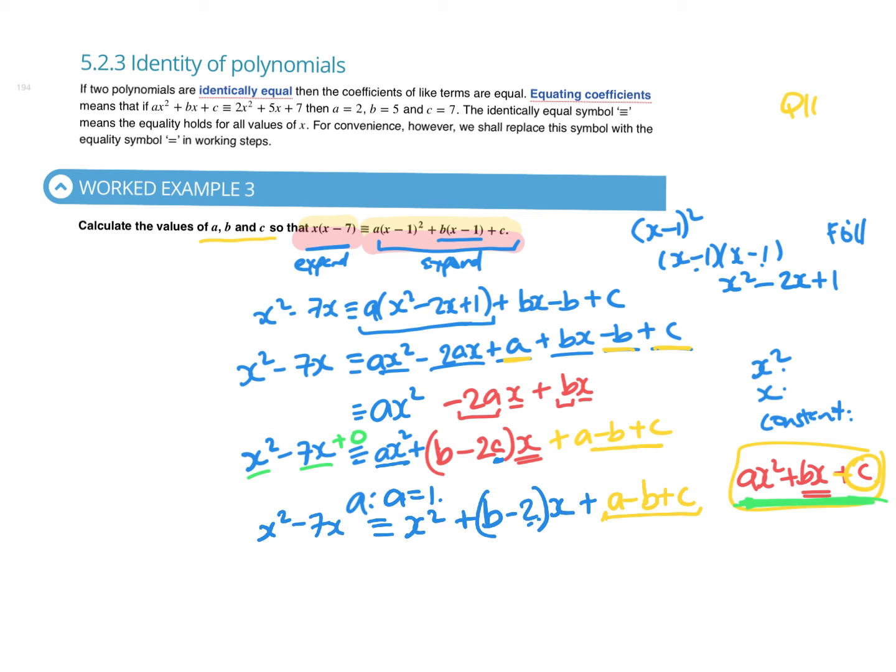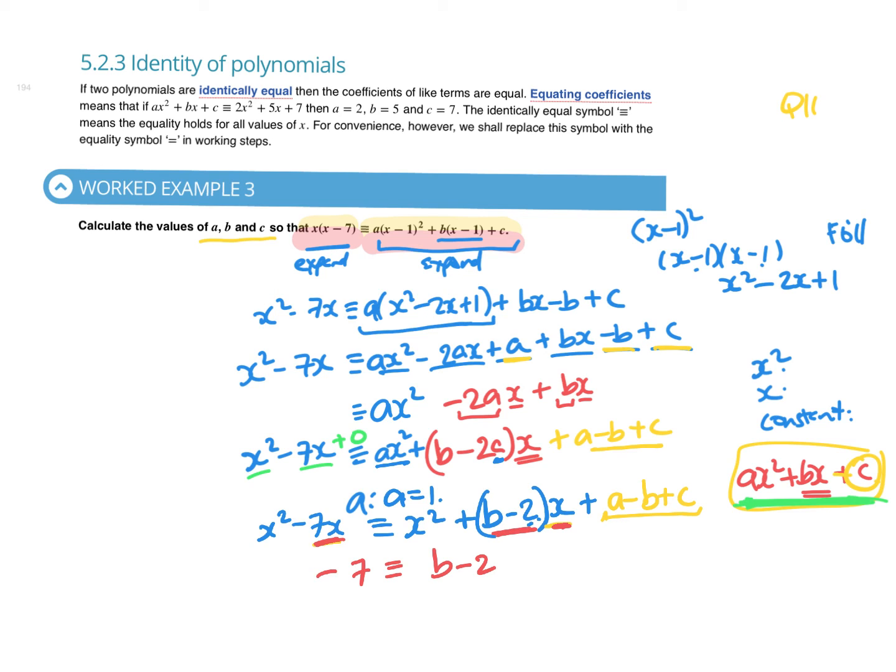Now we're dealing with the x terms on the left and right of the equation. We see here that negative 7 in front of this x needs to be equal to b minus 2 in front of this x.